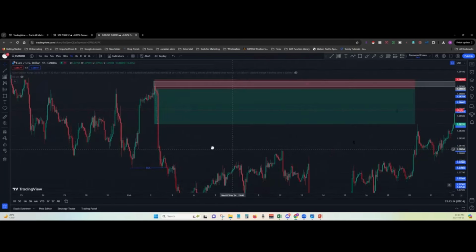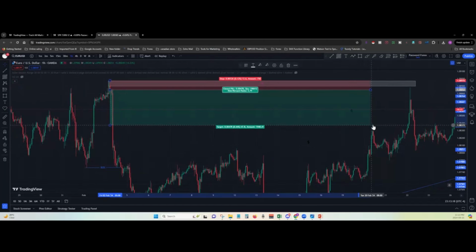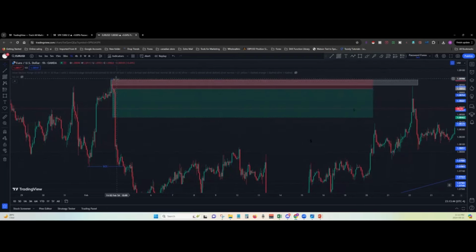I can take my profit as soon as I see my 3-to-1 risk to reward. As you can see, my 3-to-1 risk to reward would have been around here, 3.6. I would have taken my first 80% of my position here, and after taking 80% of my profit, I can move my stop to break even, right here.